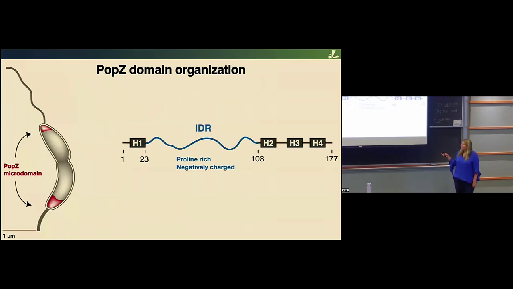We have a disordered region that is very proline-rich and negatively charged, and if you compare this chemistry to the chemistry of IDRs in the human proteome, it's very different. It's a very extended disordered region that is unique, at least compared to what we see in human cells. And we have a helical C-terminal region that consists of 3 helices, and that's actually going to drive condensation, as I'm going to show you.